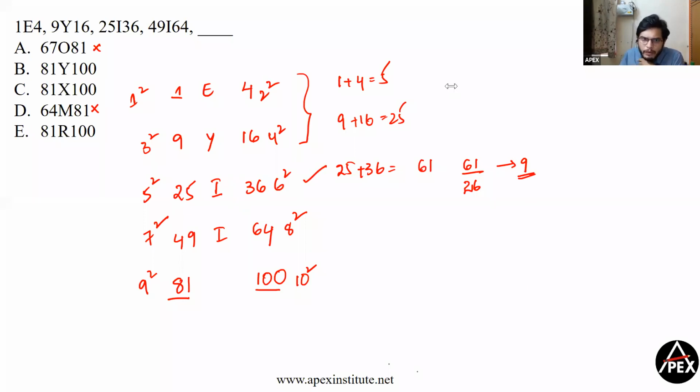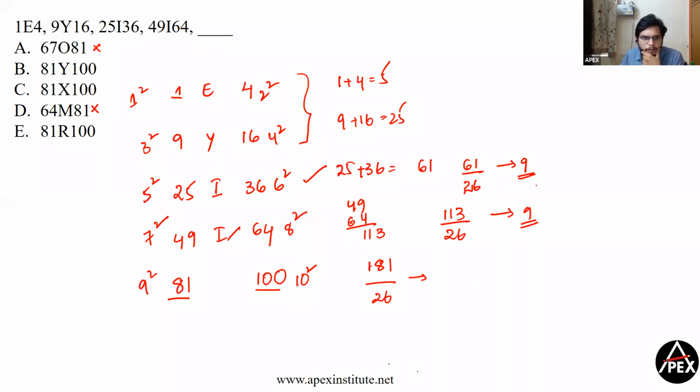Now let us check for option 4 as well. So 49 and 64, 113, isn't it? What is 113 divided by 26? So 26 4s are 104. Again the remainder is 9. And the alphabet corresponding to number 9 is I. Now we need to find what is 181st alphabet. So divide by 26 and find the remainder. Now what's the remainder?